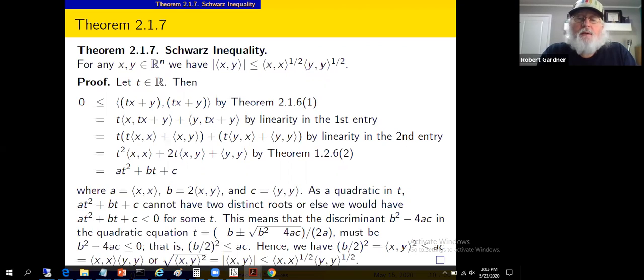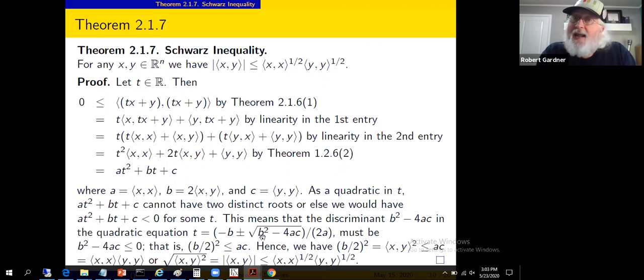But if we get valid real values for this square root of b squared minus 4ac thing, that's going to give us 2 different places where the parabola intersects the x-axis. And that won't work for this inequality, as explained.